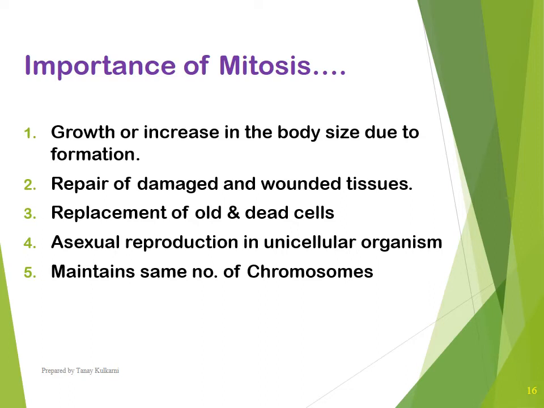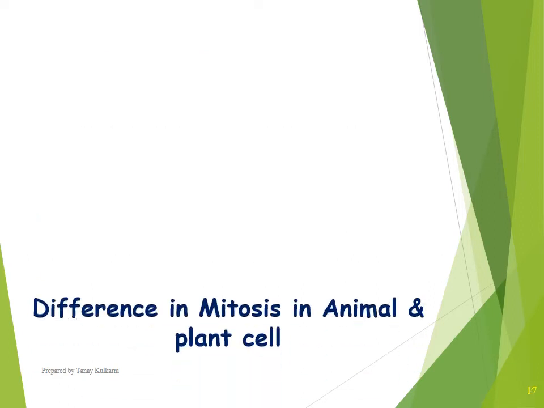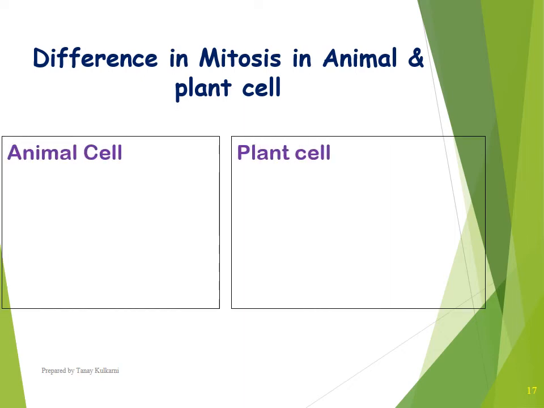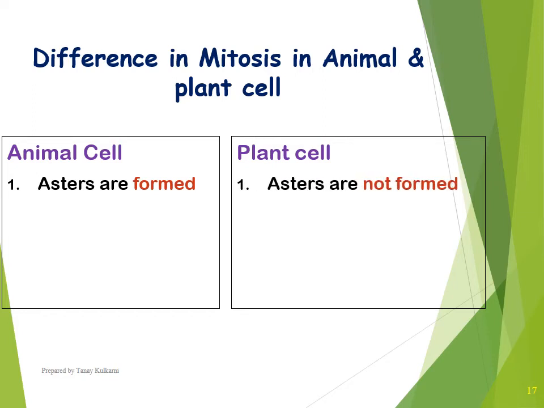Coming back to mitosis, what is the difference between mitosis in animal cell and mitosis in plant cell? In animal cells, there is formation of asters. In plant cells, there is no formation of asters.